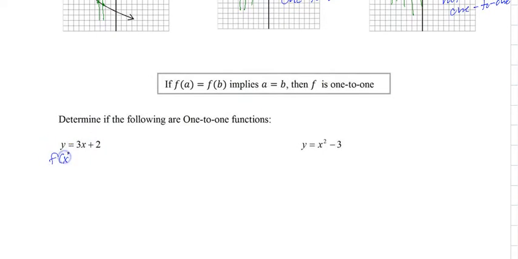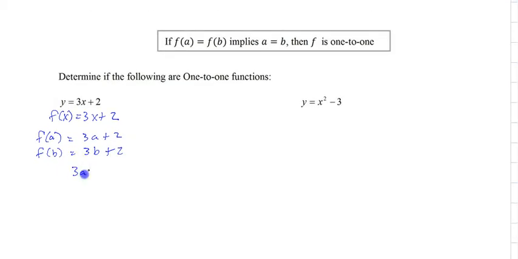You first make a function, and then you make an f of a and an f of b, which means just plugging in an a and then plugging in a b. Then we set them equal and solve. Subtract 2 from both sides. Just pick one letter and solve for it. I'm picking the a. Divide by 3, divide by 3, a equals b. That's perfect. This means we have a one-to-one function.